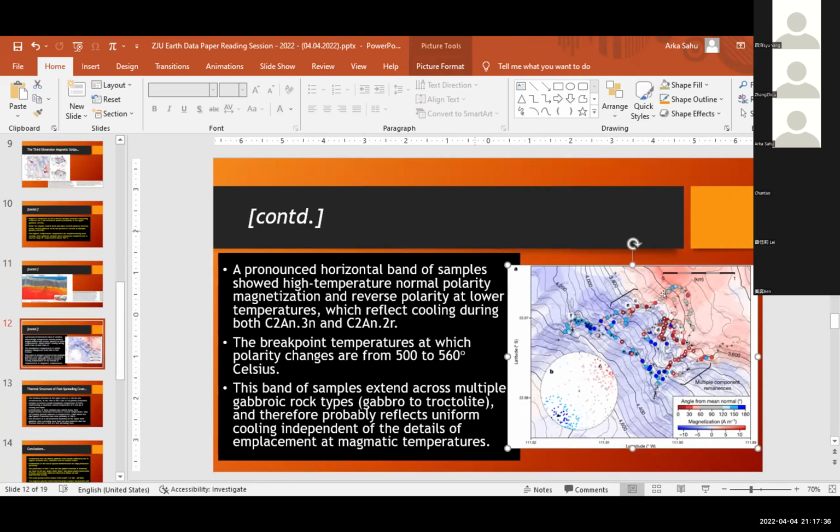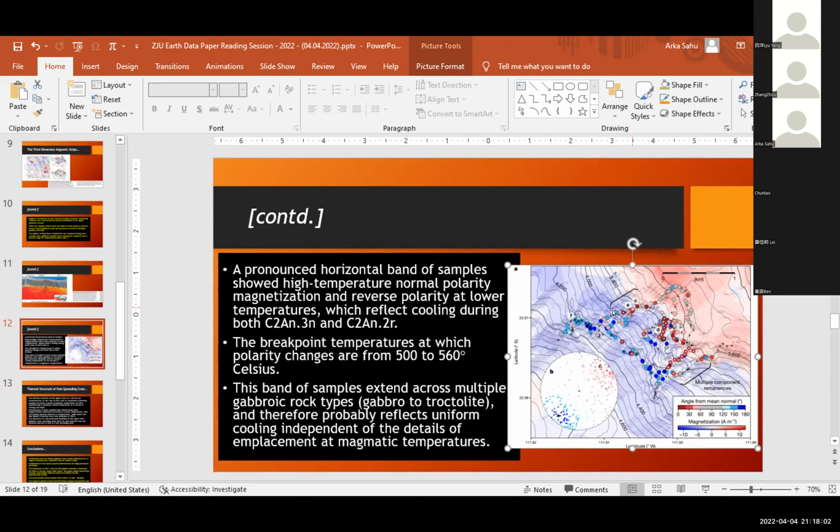As we can see, if we look at the distribution of the dotted points, there is a very prominent subhorizontal band over here, which shows normal polarity magnetization and reverse polarity magnetization.